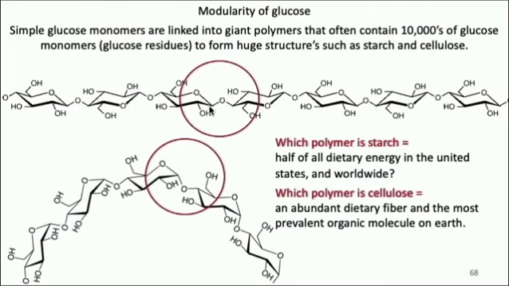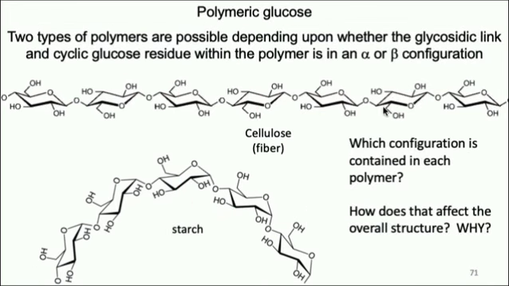In glucose, that's carbon number 1. On the other side, we look at the other monomer, the anomeric carbon. Oh, now notice there's an oxygen here, so we'll have to go on the top of it this time. 1, 2, 3, 4. So this is a 1,4 beta link. So the 1,4 beta link makes cellulose. The 1,4 alpha link makes starch.